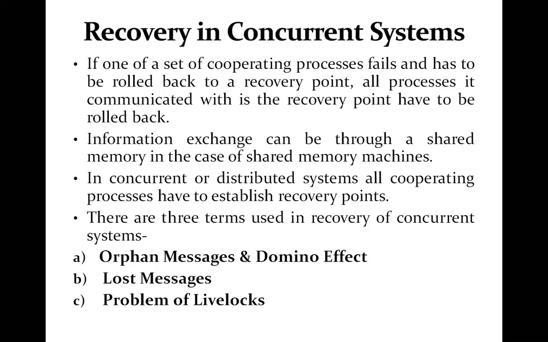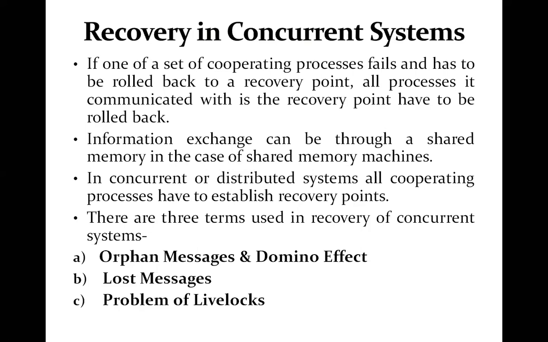It is not only the failed process which has to come back to its prior state, but the rest of the processes are also required to come to their previous recovery points. Of course, this rolling back in a concurrent system is very difficult in comparison to a single process system.